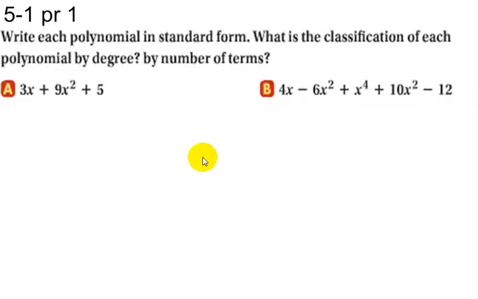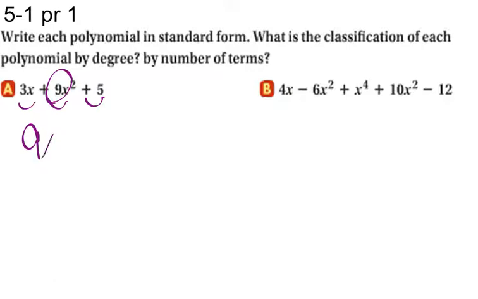The first problem says, write each polynomial in standard form. What is the classification of each polynomial by degree and by the number of terms? Well, the first thing you want to do is put these in order by the powers. So you look at x, and here we've got a 3x, a 9x squared, and a 5. So you want to put these in the highest power first.